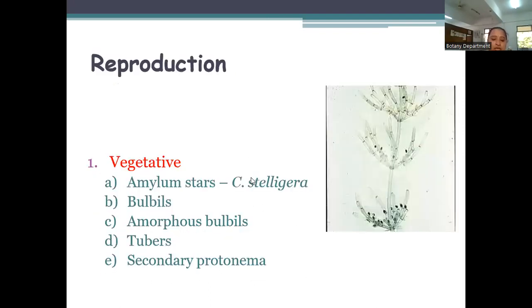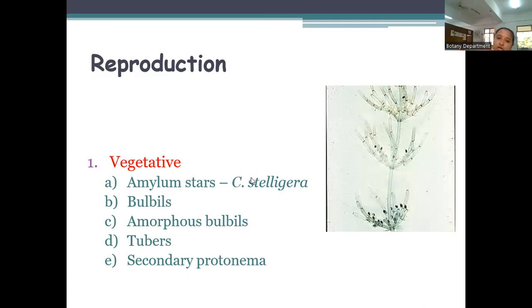Okay, coming to the next point, reproduction. Here, Chara reproduction is very important. Many times questions are asked on vegetative reproduction: which algae show vegetative reproduction by amylum starch, bulbils, amorphous bulbils, tubers, secondary protonema.